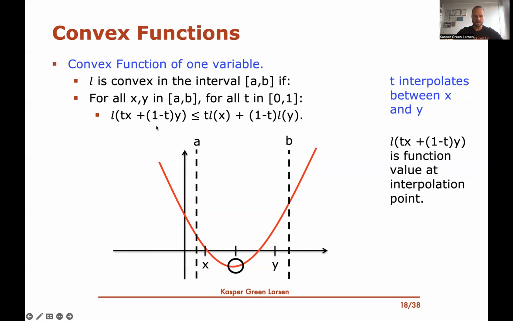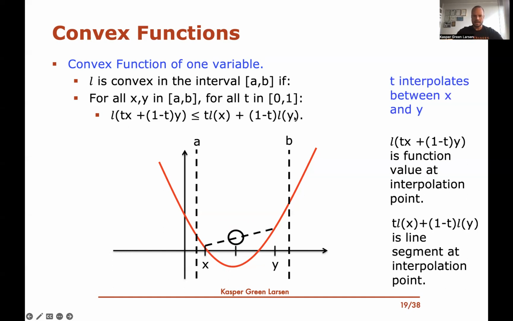What is this expression over here? This is just giving us the function evaluated at this interpolation point. So I've interpolated maybe midway between the two, and now L of this point is just the evaluation of the function in this place. On the right-hand side, on the other hand, we're interpolating between the function value at x and the function value at y.